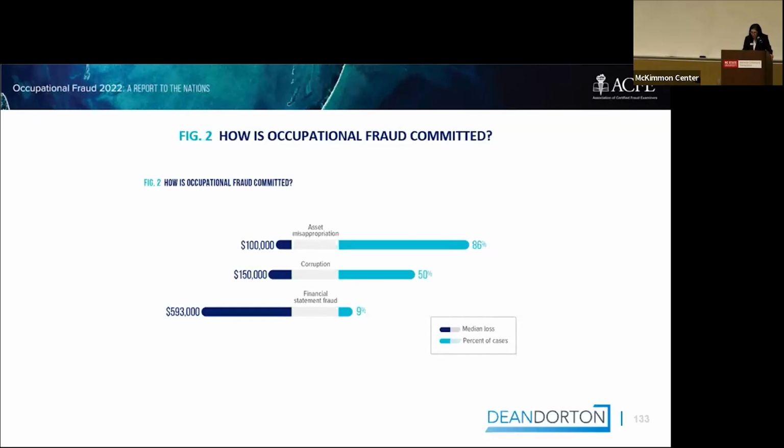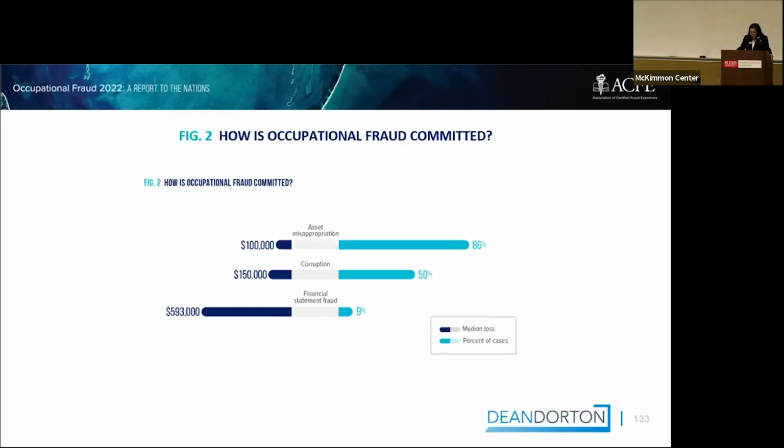Financial statement fraud is the third on the bottom here. It's 9%, so much less likely to happen, but look at the very, very significant dollar impact. Financial statement fraud, while it occurs least often, is the most expensive to your organization. This is a scheme in which an employee has intentionally caused a misstatement or an omission of material information on your financial reports.